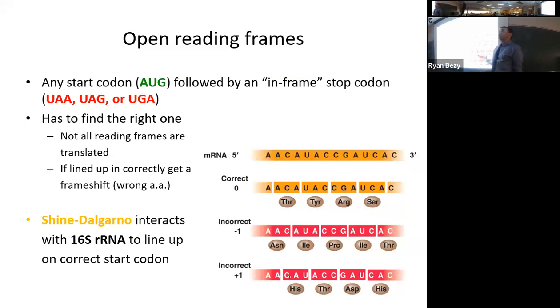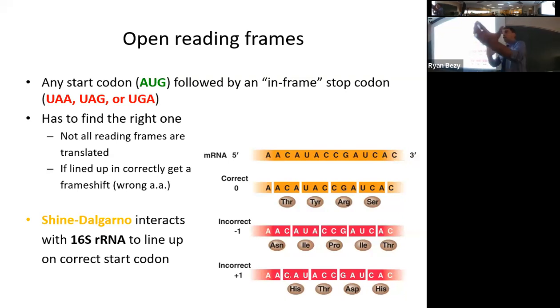If you slide over the wrong number of base pairs, say you slide over to the right by accident, then you are reading the wrong reading frame. So in this case, if you actually slipped -1, now instead of reading ACA here, you slip to the side a little bit, and you're reading AAC. That's asparagine instead of threonine, then isoleucine instead of tyrosine.